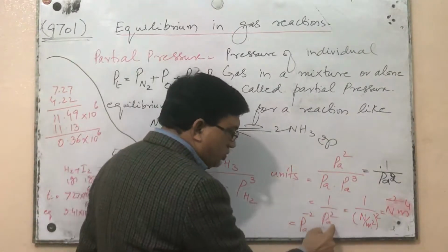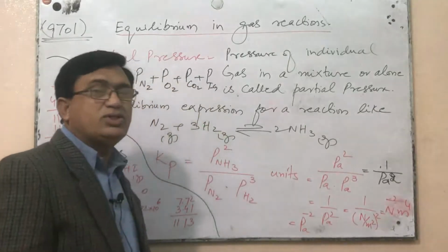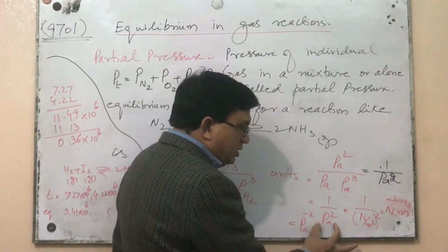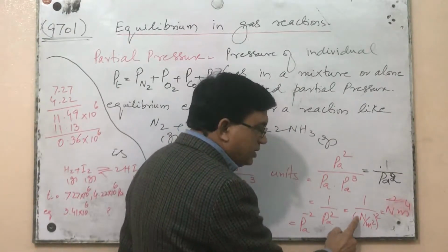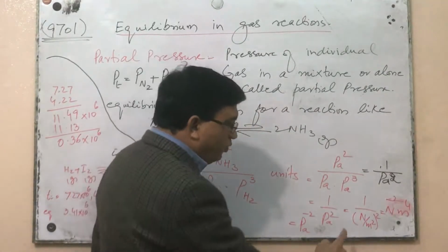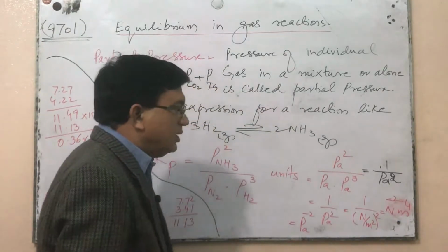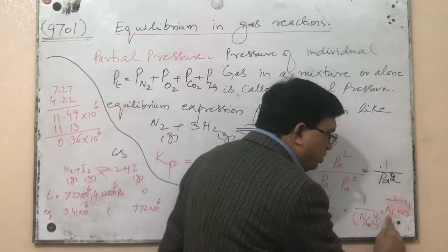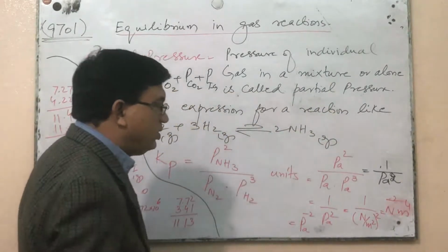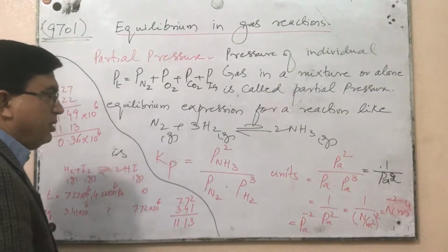Now 1 over Pascal squared can also be written as Pascal inverse squared, or if we use the unit of Pascal, which is actually Newton per meter squared, then we get as a result the unit Newton inverse squared and meter to the power 4. This will be the unit for the ammonia formation reaction in the Haber process.